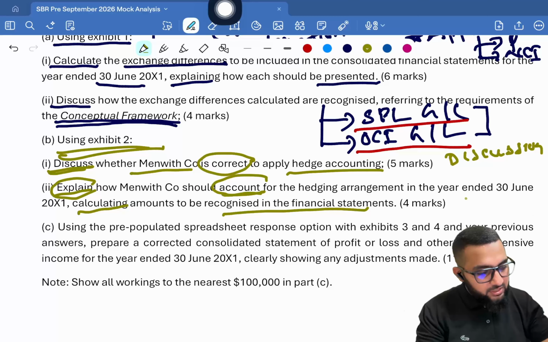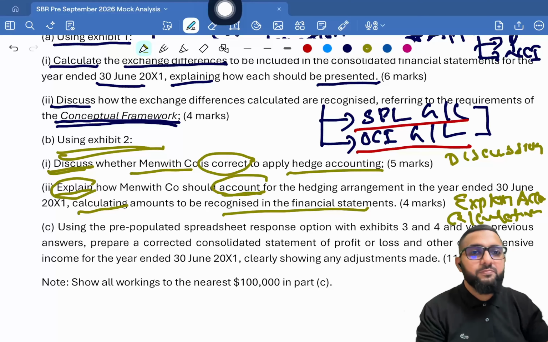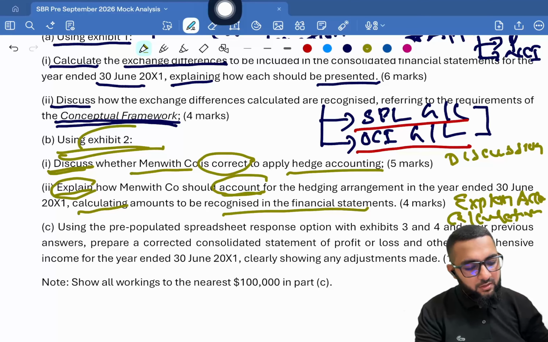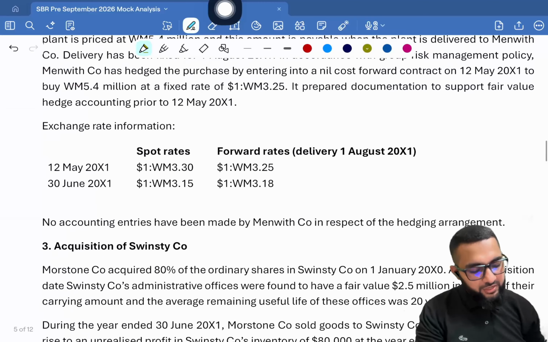Here you're supposed to explain the accounting alongside calculation, meaning it should be supported by calculation. That's what they want you to do. But what are you supposed to limit your answer within? Exhibit 2. Right. Let's go and read.